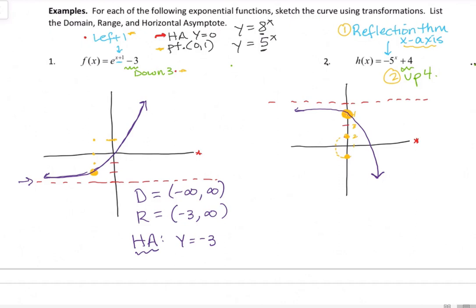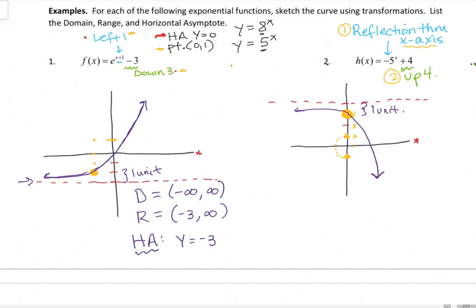Now, one thing to point out about the two curves, this is an observation that you can rely on a little bit to make sure that your graph is mostly right anyway, is that notice that the point and the horizontal asymptote in both graphs are 1 unit apart. That will always be the case.